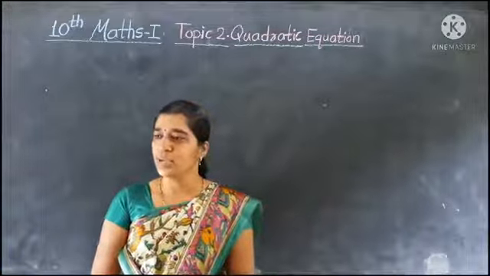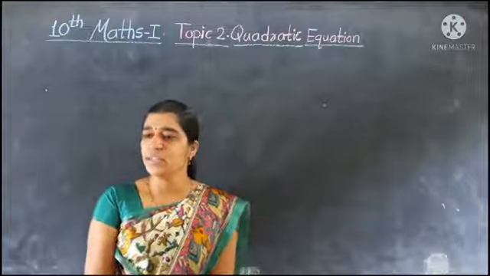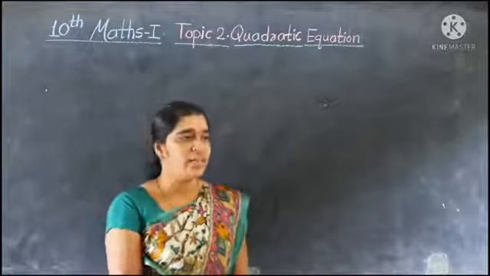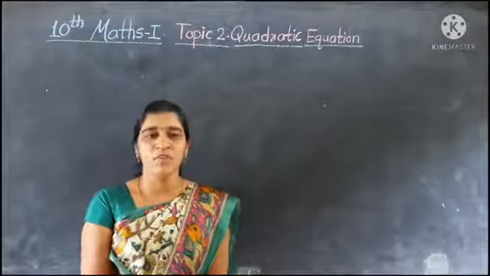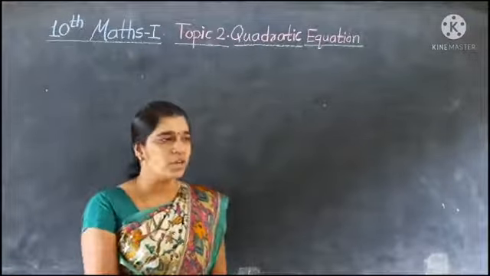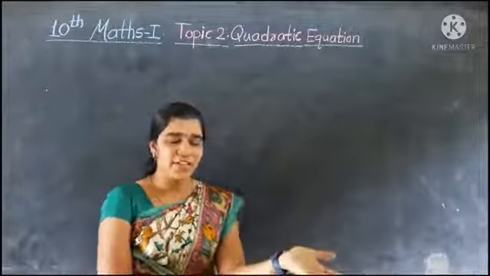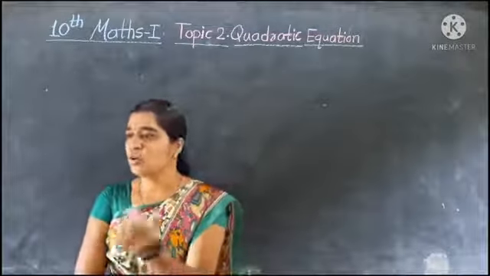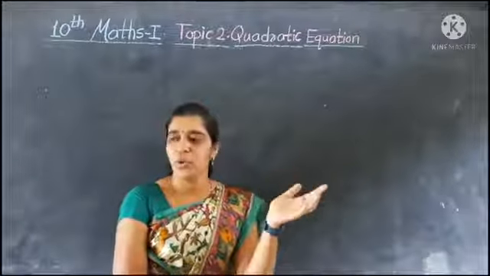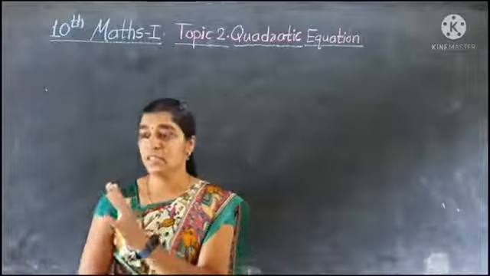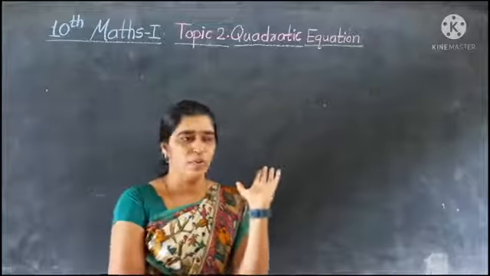One more concept we had seen is the root of a quadratic equation: whether the given value of the variable satisfies the equation or not. If it satisfies the given equation, then it is a root of that quadratic equation. These are three concepts you learned in the earlier video.